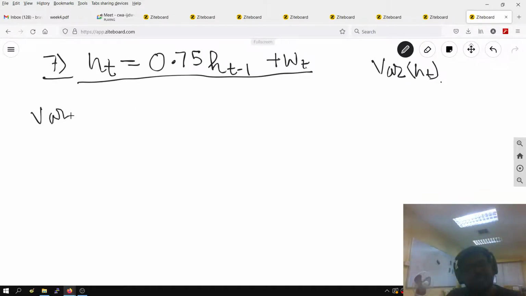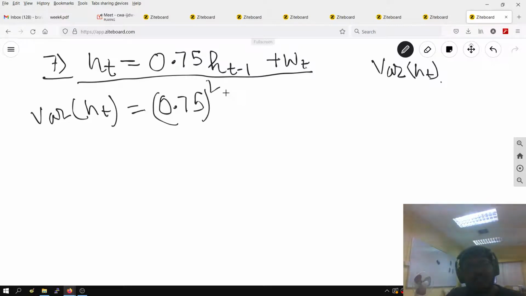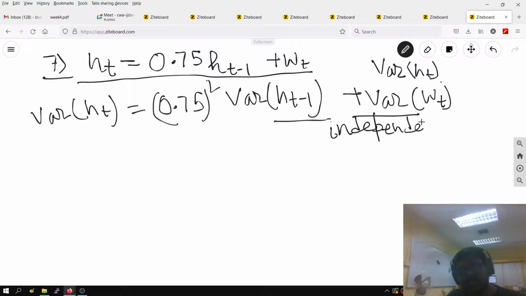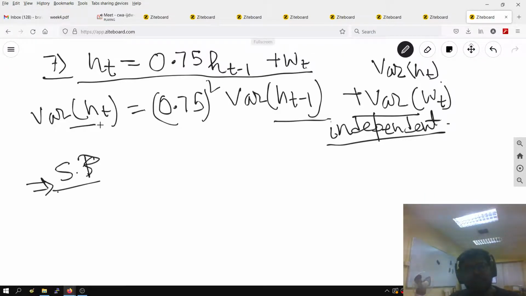So variance of h t equals 0.75 square into variance of h t minus 1 plus variance of w t, as these two processes are independent. If I take the process as a stationary process, what becomes? This value and this value are the same.